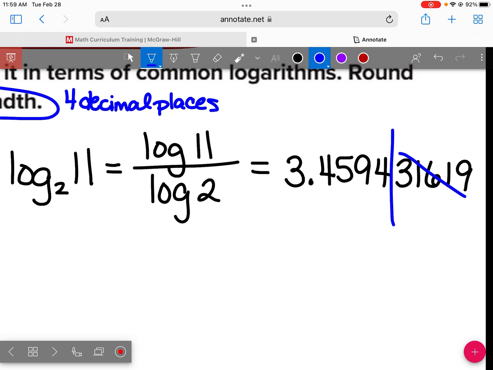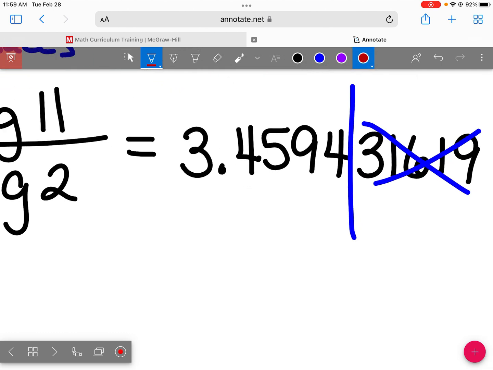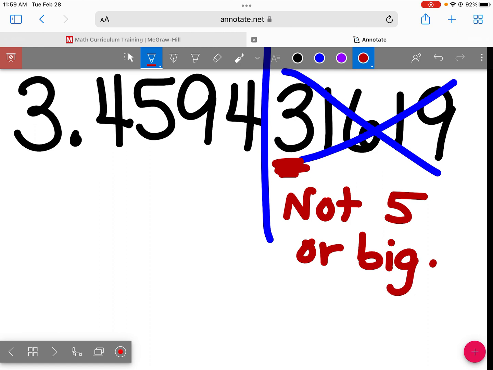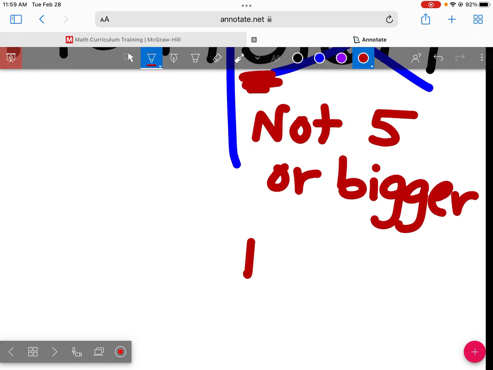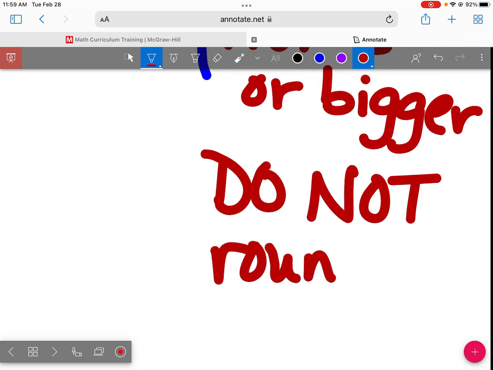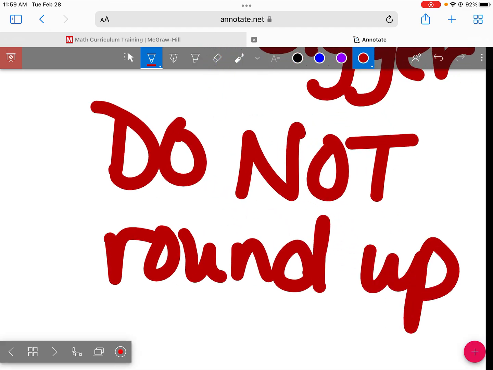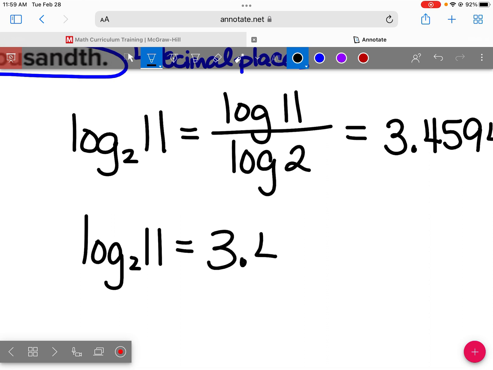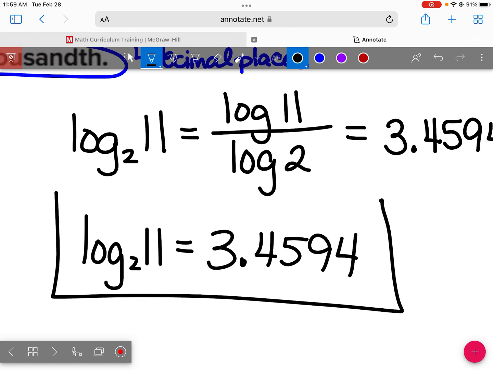I chop it off here. Do I round up? No, not 5 or bigger. Do not round up. So log base 2 of 11 is 3.4594.